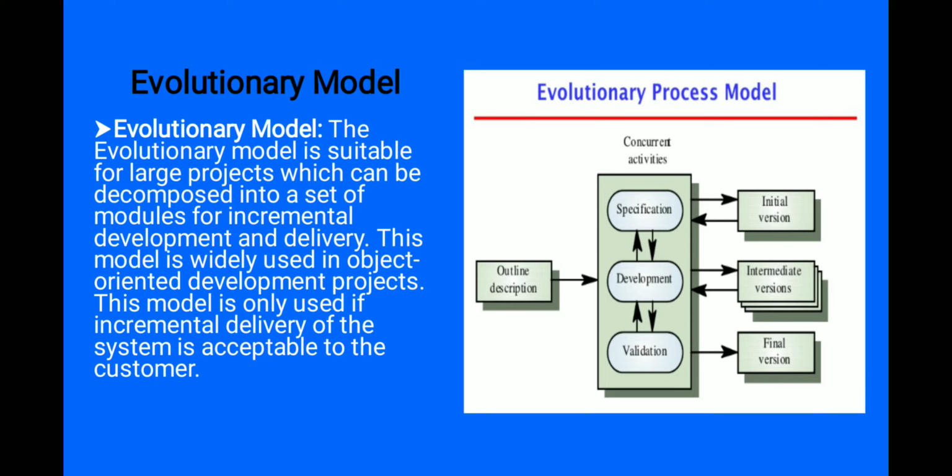This concurrency, or we can call them concurrent activities, is based on the specification given by the outline description or the target of the goal. There we can deliver these steps. Initially we give a beta testing, that is, an initial version, after that the intermediate version and the final version.